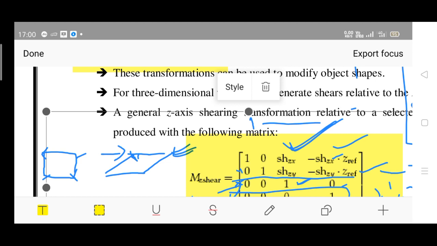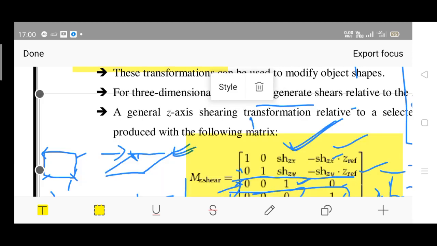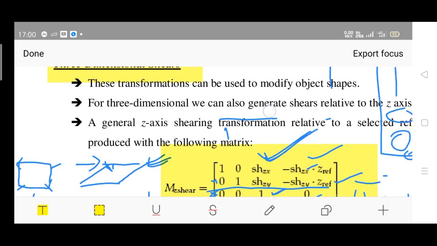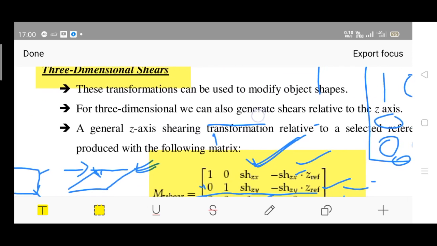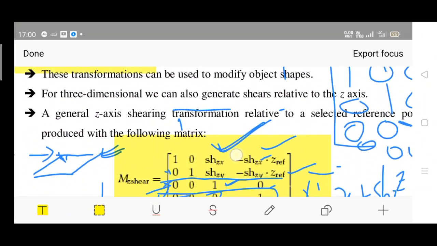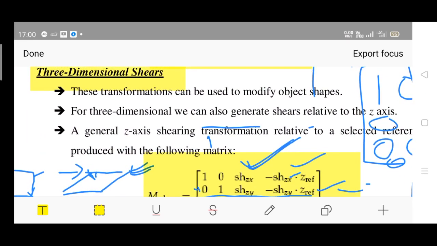So here we have obtained the z-axis shear. Please go through the description of the contents which I have already shared in the group. Note down the contents as well. So that is all about the other 3D transformations. We have already discussed the 3D reflection. Now this is about the 3D shear, where the z-axis is considered.